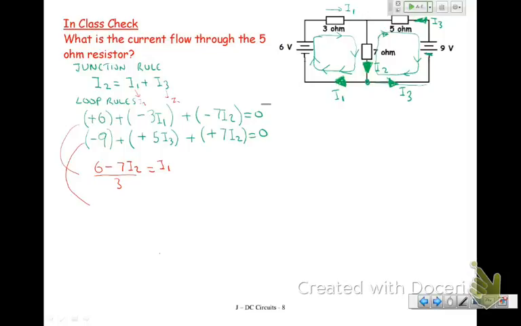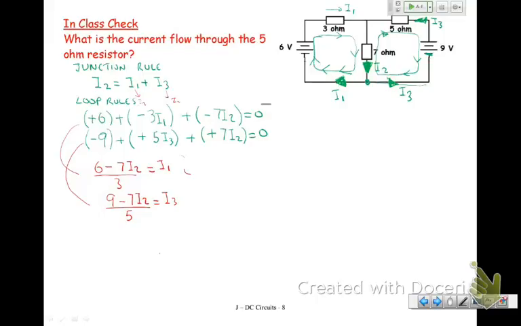For this one, I want to get I3 by itself. So I'm going to go 9 minus 7I2 over 5 is equal to I3. I said 9, took it to the other side, minus 7I2 to the other side, divided by 5 equals I3.